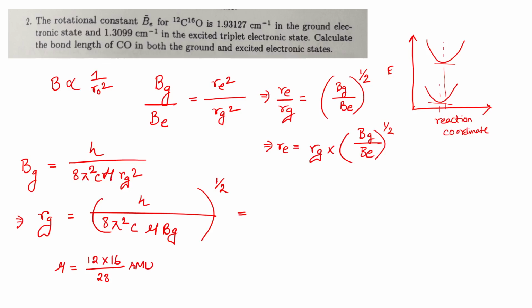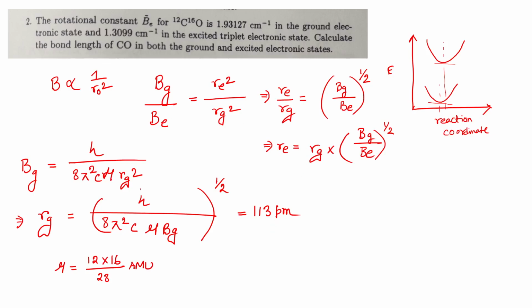I'm getting something like this, and I need to take a root of this. So I'm getting 113 picometer, sorry, not picosecond, picometer. 112.86 picometer to be precise. And this is for the ground state.